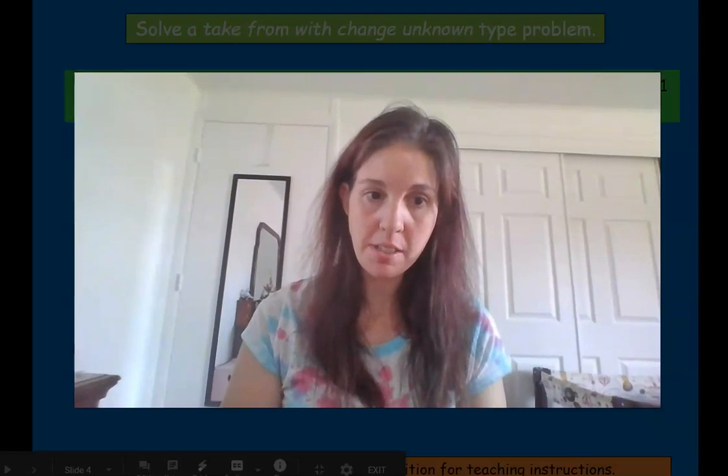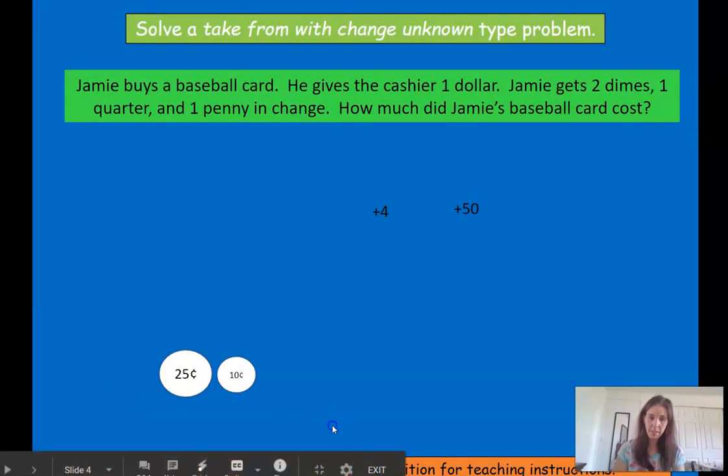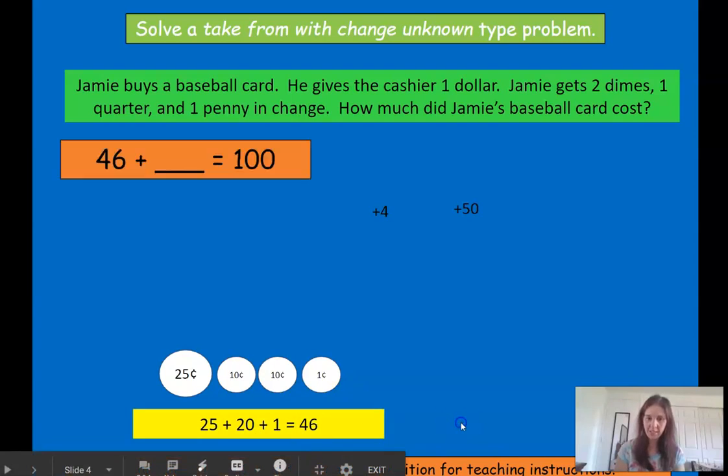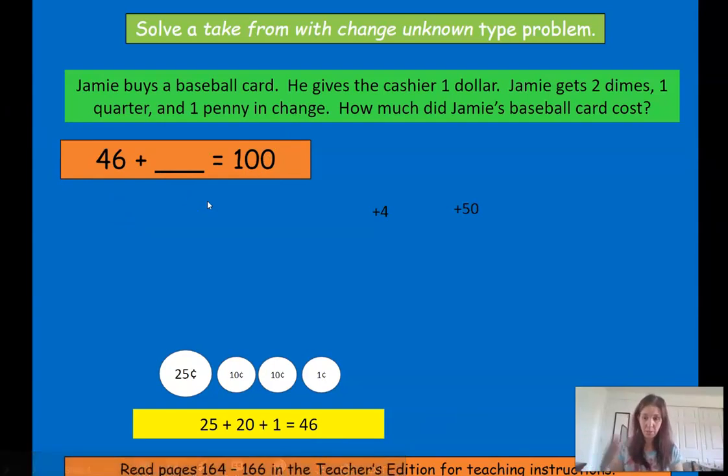That's our two choices we can work with. So here's the coins. You got a quarter, 2 dimes, and a penny. So 25 plus 20 plus 1 equals 46. We just did that. So this is our number sentence. 46 plus what equals 100.